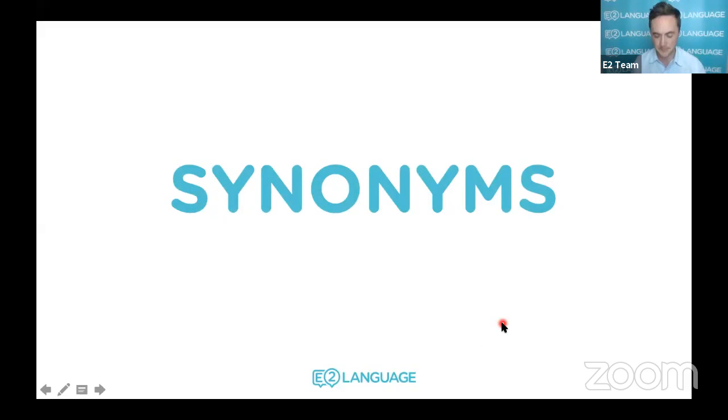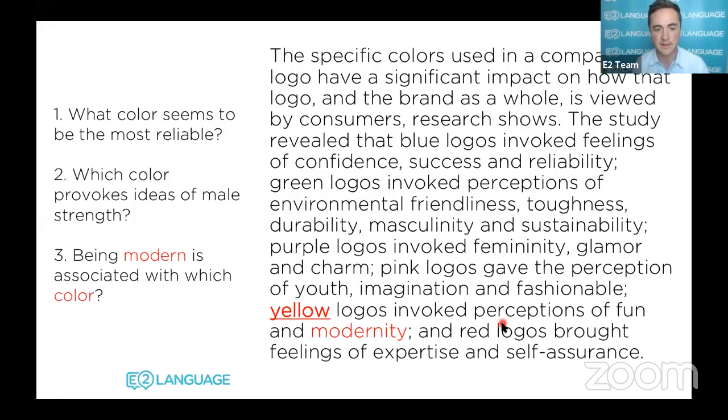Cool. Well done. One thing that we can see here is that if we go back to this question type, here it says male strength. And here it doesn't say male strength, it says toughness. Toughness and strength are synonyms.